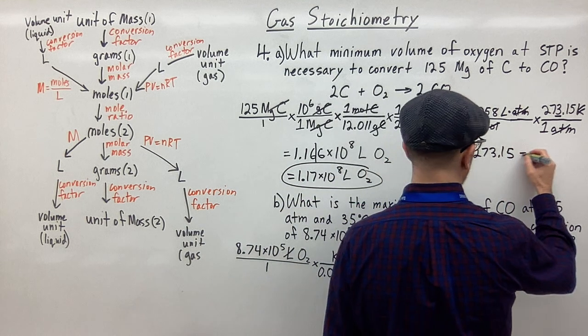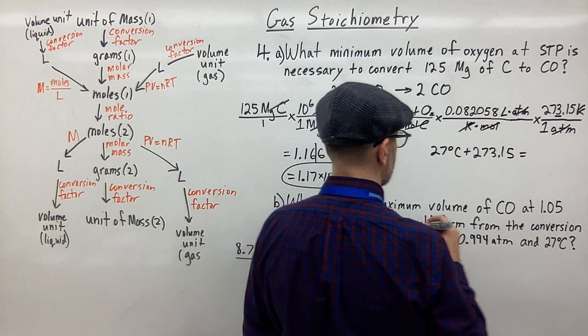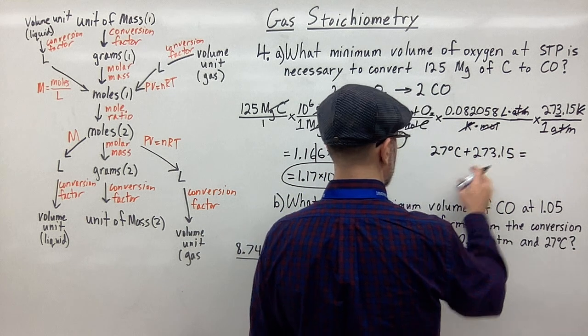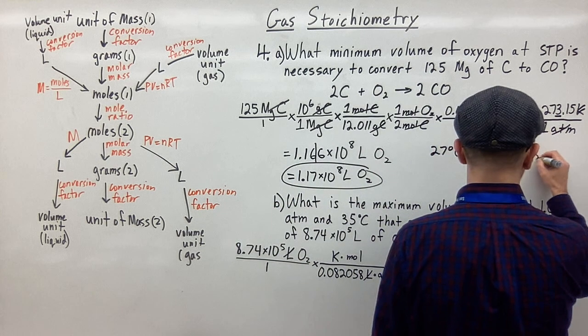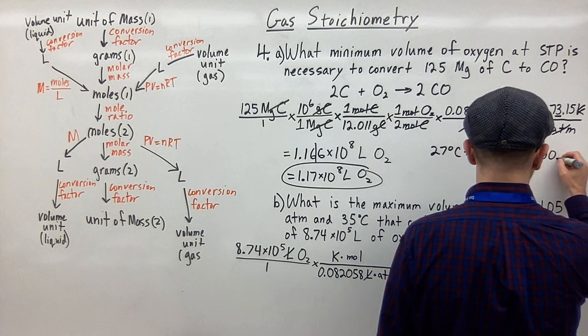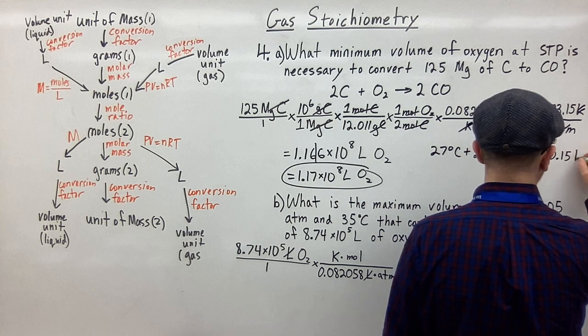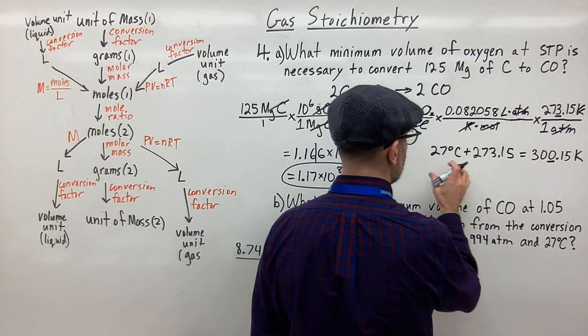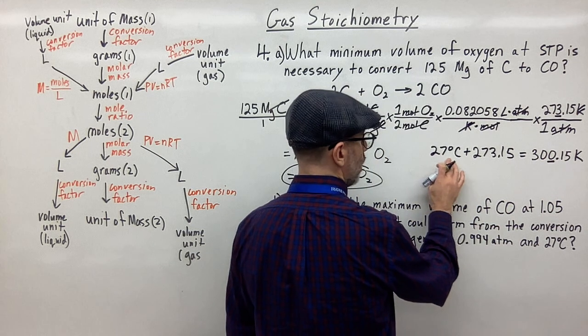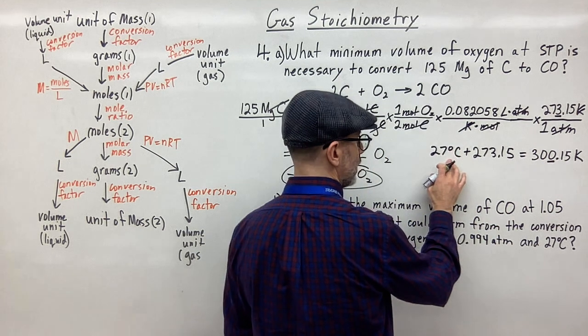That's going to give us 300.15 Kelvin. And so we're going to underline the 0 there, because remember, we have 0 decimal places here.